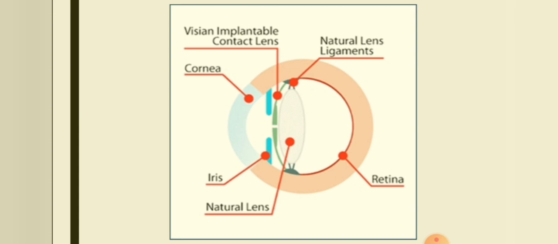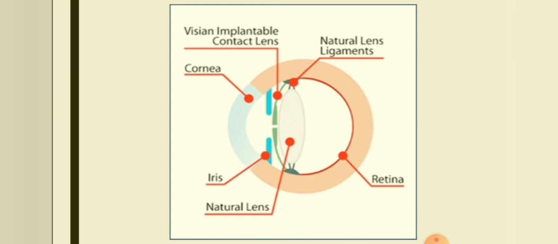If the person has a very high refractive error, here in ICL we are not touching the cornea, so corneal thickness remains unchanged. If the person has a very high refractive error of 25 diopter, then we can perform ICL, which can correct up to 18 diopter, and after that, to correct the additional refractive error, we can perform LASIK over the cornea, which can correct up to 7 to 8 diopter.